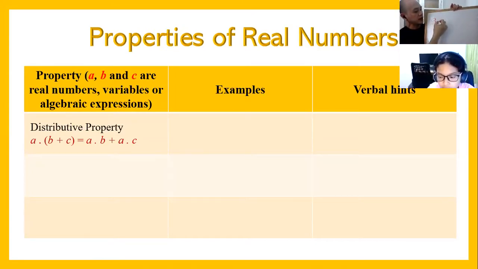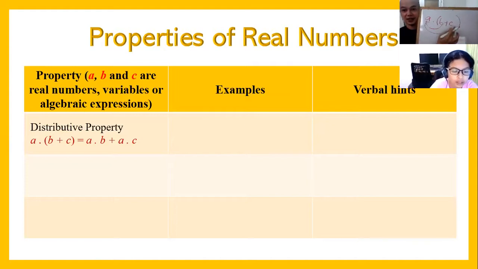So A times B plus C means that you're going to multiply A to B, A times B, and also A times C. A times B plus A times C. That's why it's called distributive, because you're going to distribute A to each.